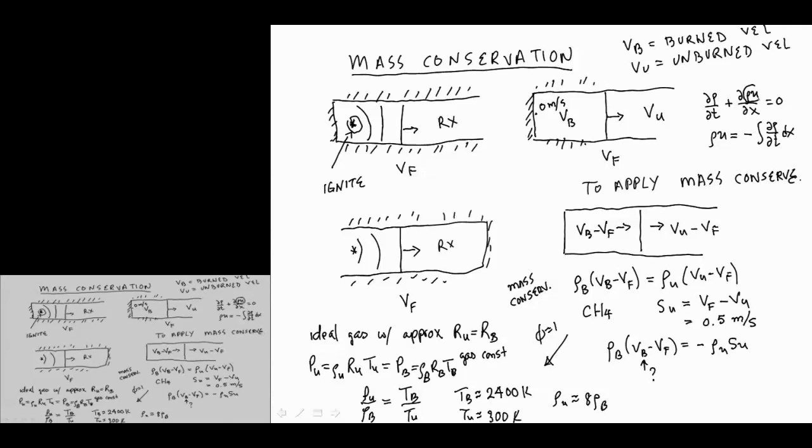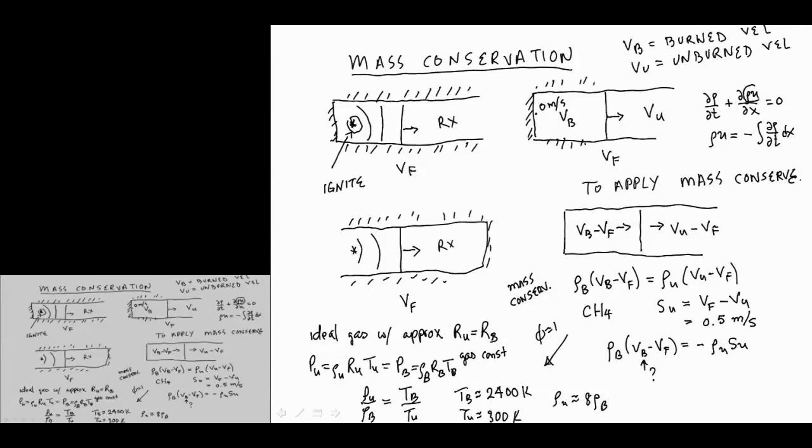As I look at any of these locations, I'm assuming constant pressure, which is a reasonable approximation here, and the density is not changing with time. So ρu is always going to be equal to whatever ρu was at the wall, which is 0. So what we see is that VB is equal to 0.